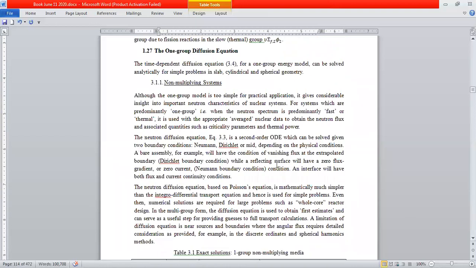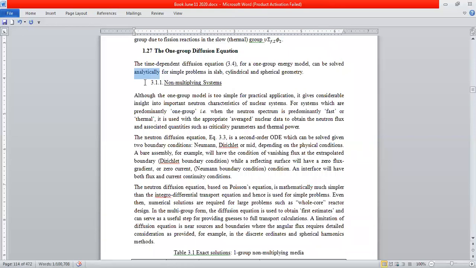Now, let me spend a few minutes looking at the one group diffusion equation. The one group diffusion equation can be solved analytically. By analytical, you know that it means an exact solution, something that I can look at, it looks nice, and something that I can easily program.